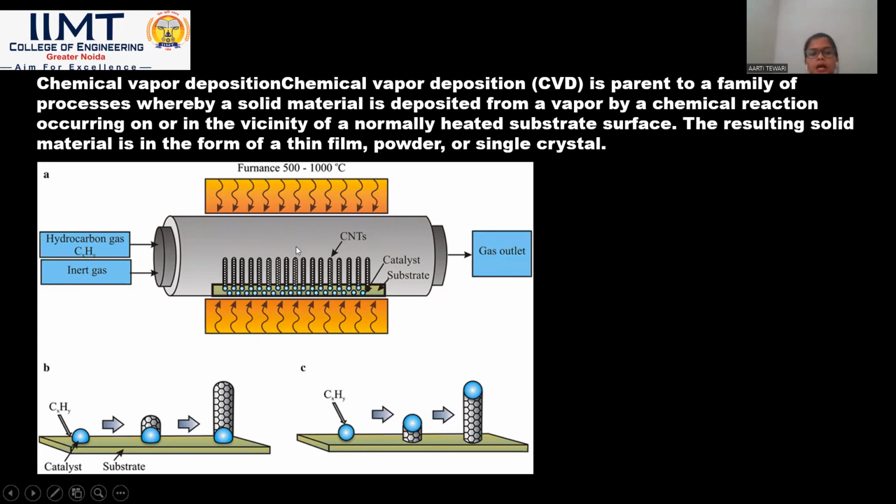So you have a substrate and a catalyst particle, and various gases: a hydrocarbon source gas, an inert gas such as neon, and a carrier gas such as hydrogen. Then you heat the furnace. When you heat it, all the gases break down, and you will have atoms and radicals.